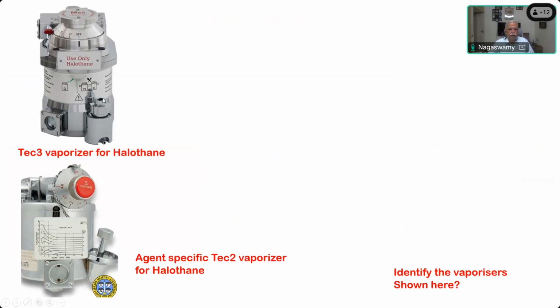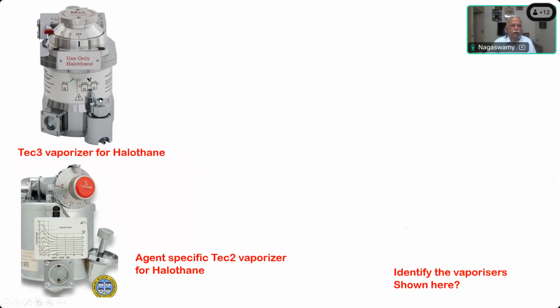Anybody know what is the purpose of this groove and the top portion here in this cap, which is closing the filling port? Have any of you had a chance to see this vaporizer, Tec 3? No, sir. So this cap, you can remove by unscrewing it anti-clockwise.